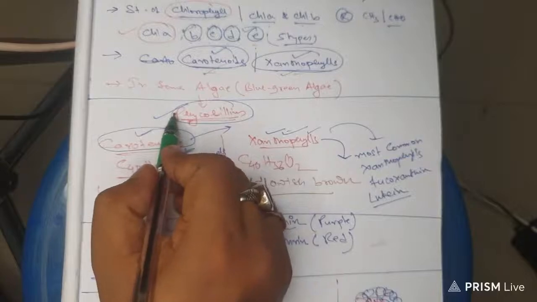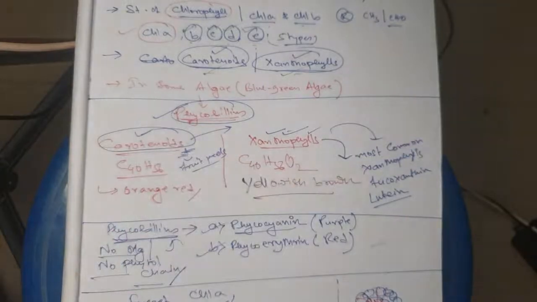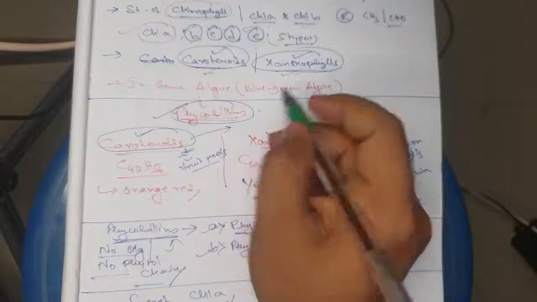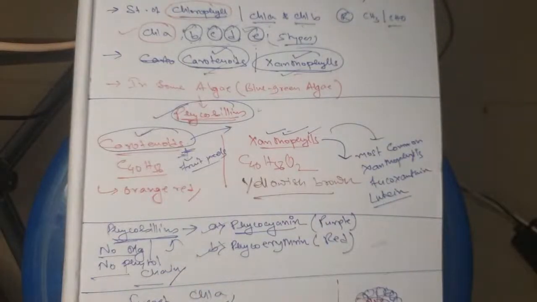Phycobilin I will not call an accessory pigment. Remember this. Many students do it wrong. Phycobilin cannot be an accessory pigment of higher plants. Phycobilin is a pigment present in blue-green algae.